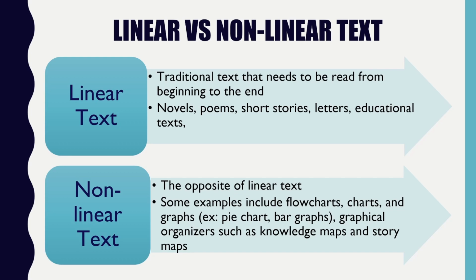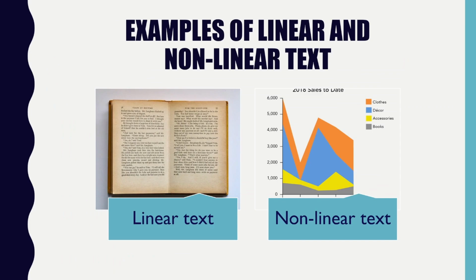Okay, so let's look at examples. Some examples, like we mentioned earlier: linear text can be novels, can be this slide, as well as any kind of reading material that you can see. Whereas the non-linear text can be like this one, the line graph chart here.